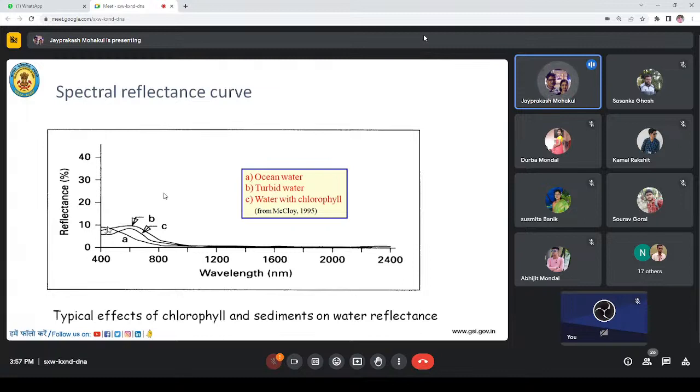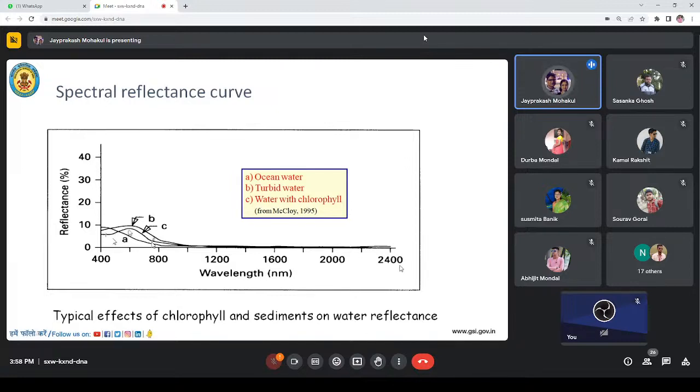So turbid water will have a lot of particles in it. So you will have a somewhat higher reflectance even in the blue, green, and red range in comparison to normal ocean water, right? Normal ocean water is A. Whereas if you have water with a lot of chlorophyll, then there will be an increase.